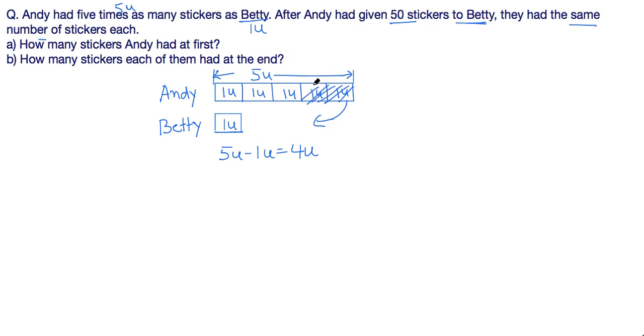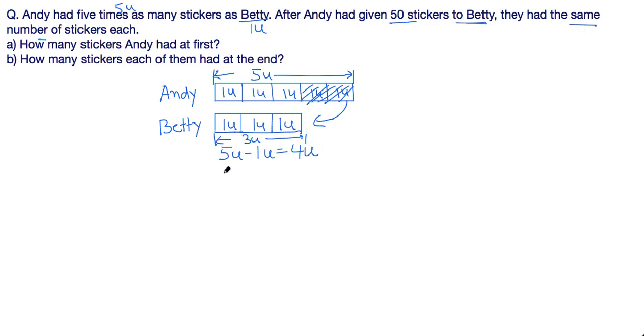It's like Andy is giving it to Betty, and now Betty is having these 2 units, right? And you can see here that now both of them have become equal, right? So now both are how many units? 3 units, right? 3 units.